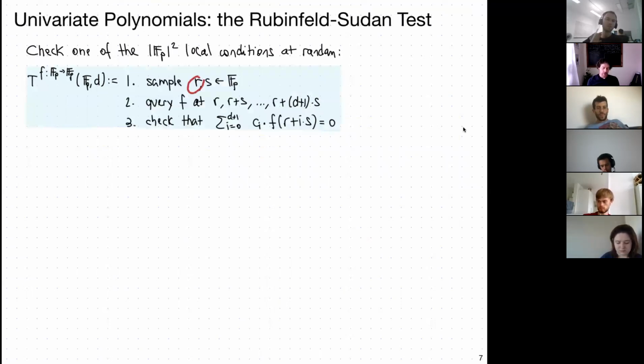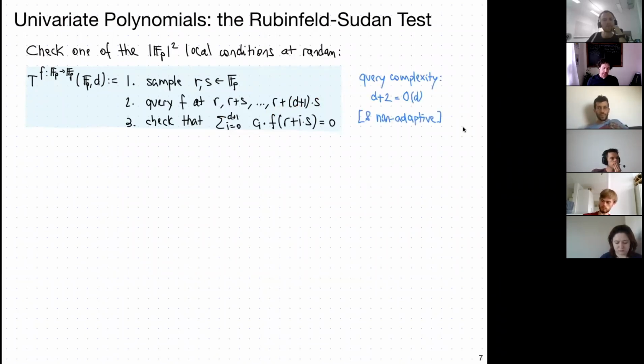We're sampling two elements, R and S, and think of R as our starting point, and think of S as the shift, like by how much we're jumping each time. So what we'll do is query F at R plus S, R plus 2S, and so forth until R plus (D plus 1)S. And we'll check that these local constraints are being satisfied.